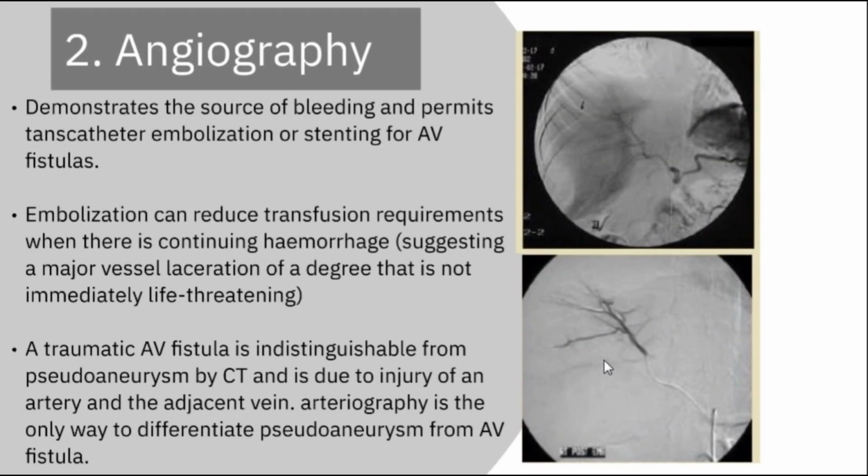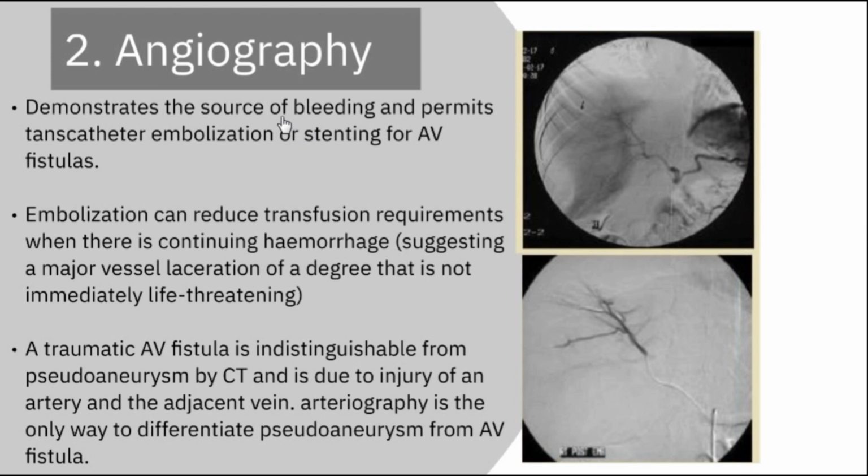Okay. Now, another study, we have angiography for assessment of the liver and splenic injury, and this plays a big role. Angiography has a therapeutic role and also a diagnostic role in order to find the injuries. Because by angiography we can do embolizations or stenting for the AV fistula.